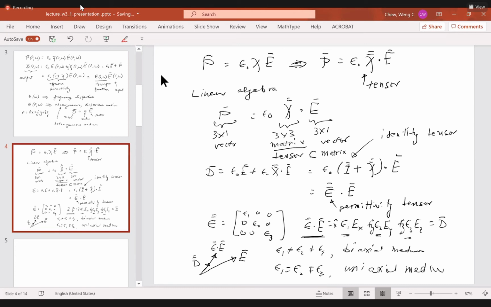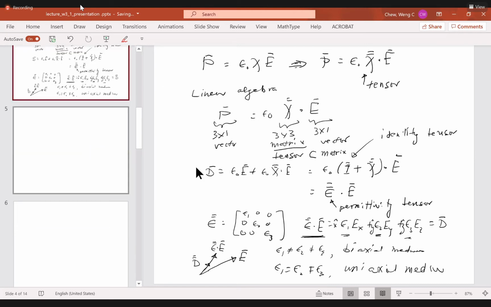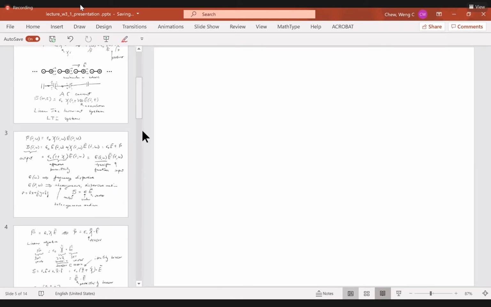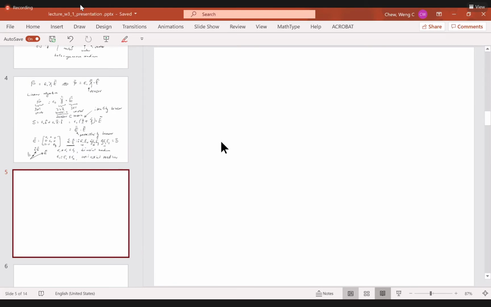If not, then let's move on to the next topic, which is the fact that P in the frequency domain is just equal to epsilon naught chi of R, omega times E of R, omega.